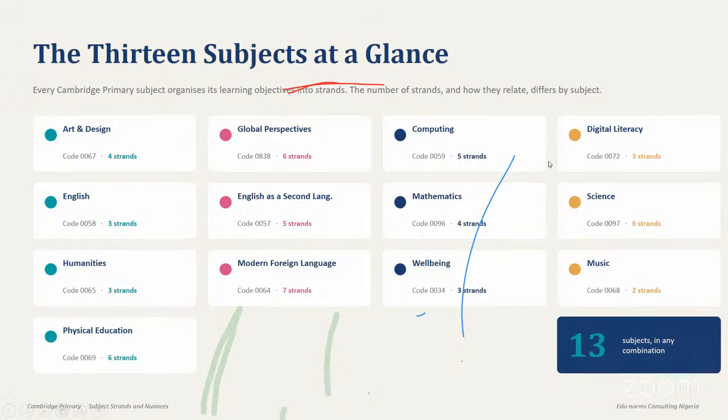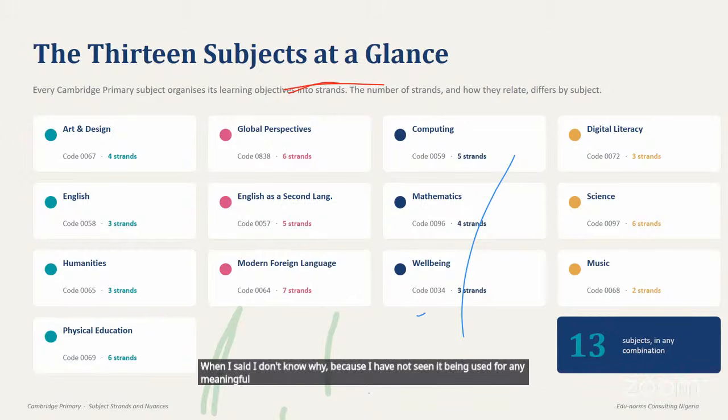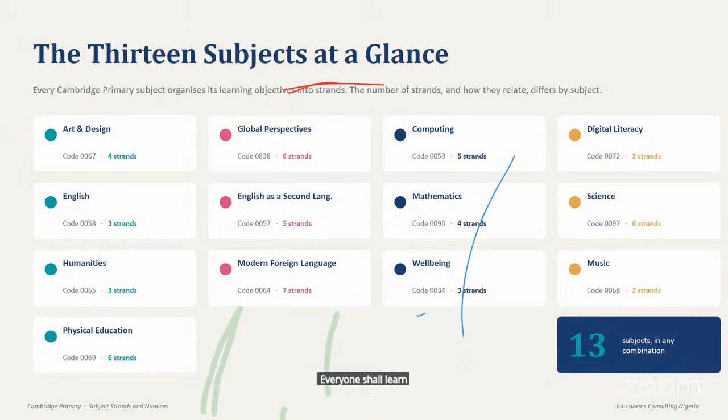Well, I don't know why for Nigeria. Let me tell us why for the British curriculum. When I said I don't know why, it's because I have not seen it being used for any meaningful purpose. Everyone shall learn different strands of the Nigerian English language.